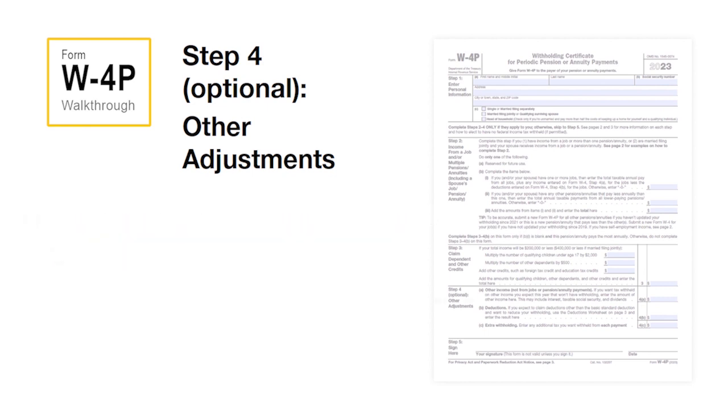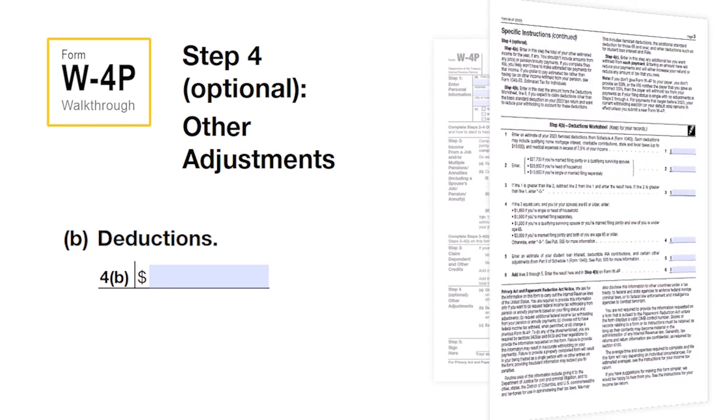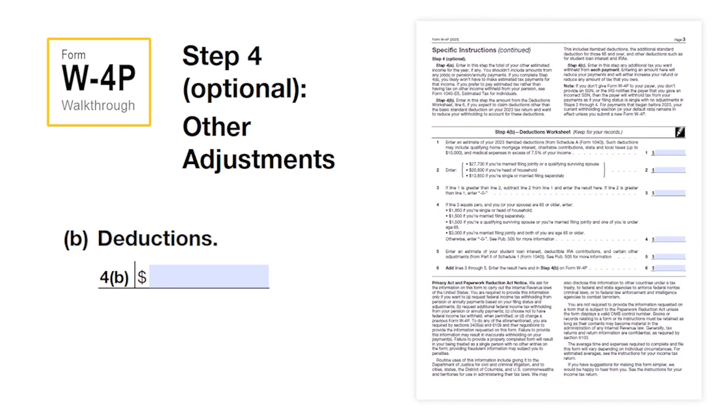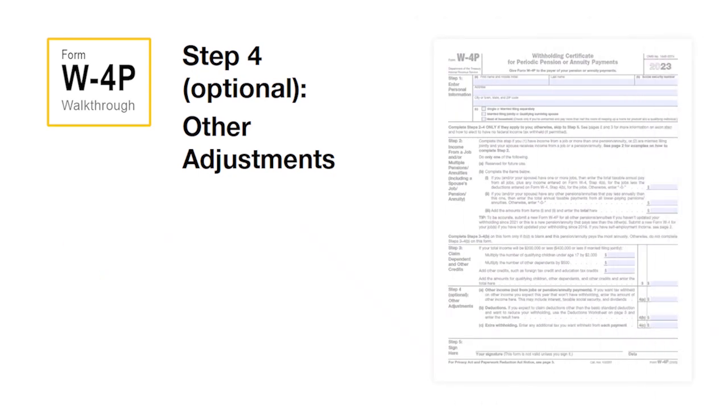If you do not claim the standard deduction and want to reduce your withholding, you may report other deductions on line 4B. The deductions worksheet on page 3 of the W-4P may be used to calculate this number. And lastly, if you want additional federal tax withheld each month, enter that amount on line 4C.